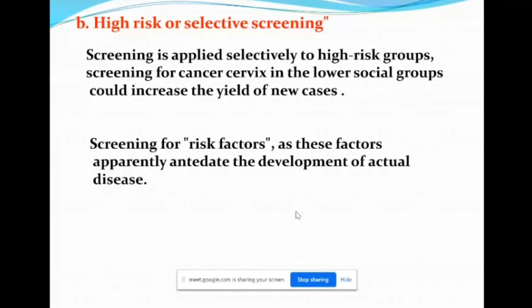This type of screening is considered primary prevention because searching for a risk factor, for example increased cholesterol in the blood, which may be a risk factor for coronary artery disease, may lead to prevention of further diseases. While the usual screening, that is applying tests in a preclinical stage of diseases, is considered secondary prevention.